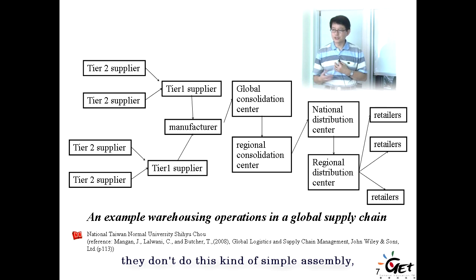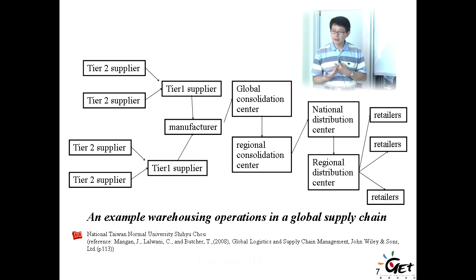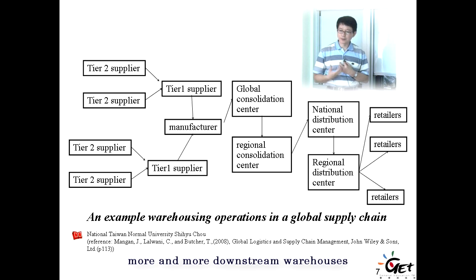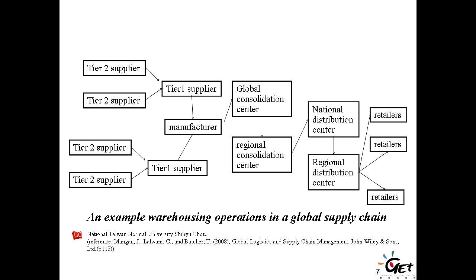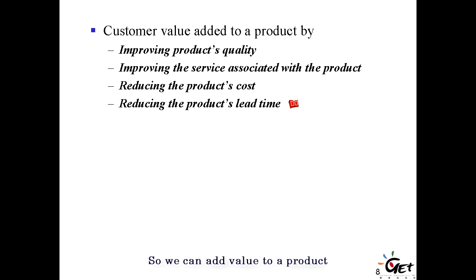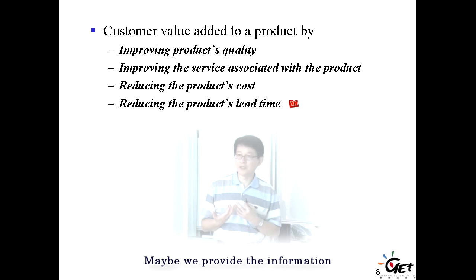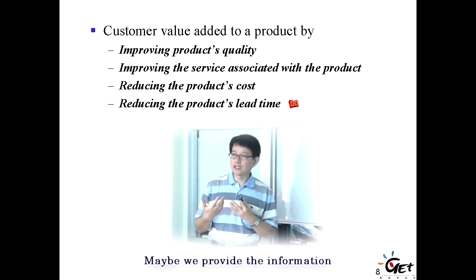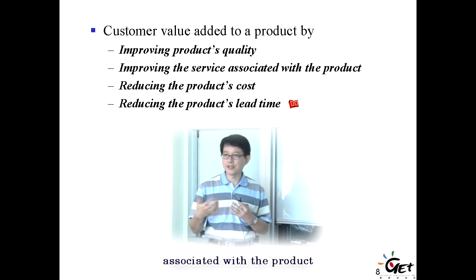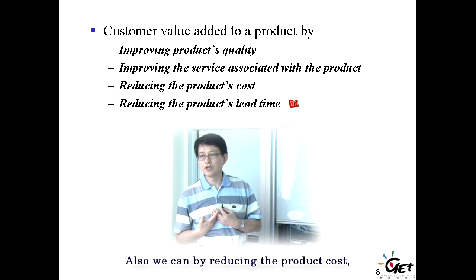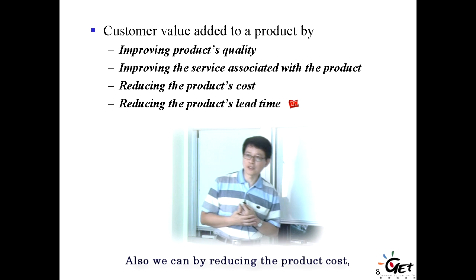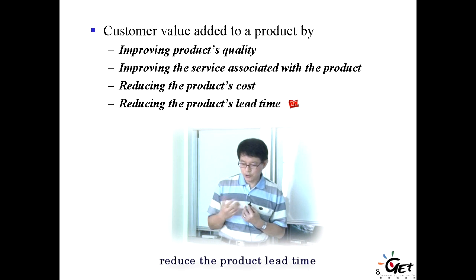Traditionally, they don't do this kind of simple assembly, but nowadays, more and more downstream warehouses perform this kind of task. So we can add value to a product by improving the product's quality, by improving the services associated with the product, maybe by providing the information associated with this product. Also, we can add value by reducing the product's cost or by reducing the product's lead time.